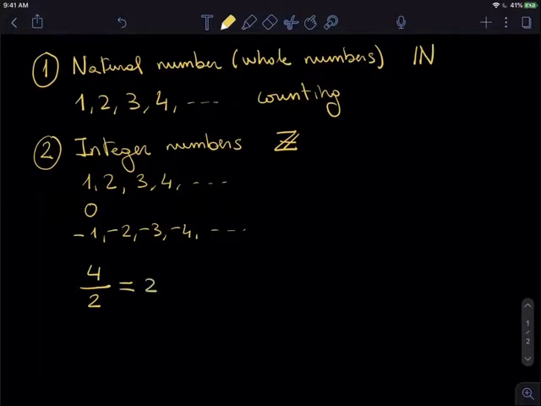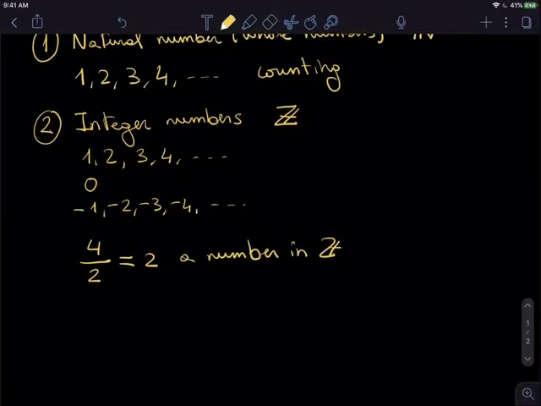This is 2, which is a number in the integers, but then we will run into trouble if we, for example, try to do 5 divided by 2, because this is not a number in the set of the integers. 5 divided by 2 we know is 2.5, but that's not a whole number, that's not the negative of a whole number, that's not 0.